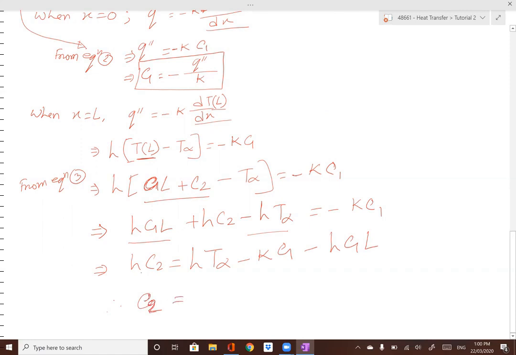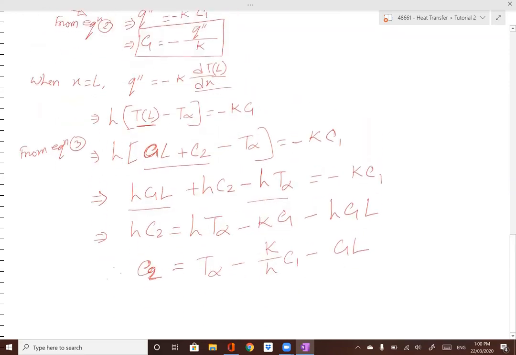If we divide by h, C2 equals T alpha minus k over h C1 minus C1 L.